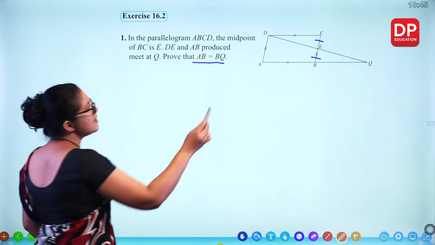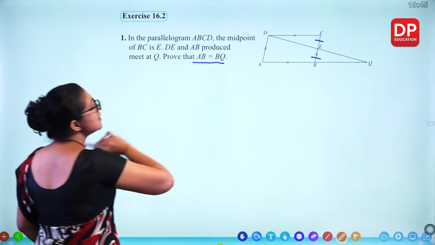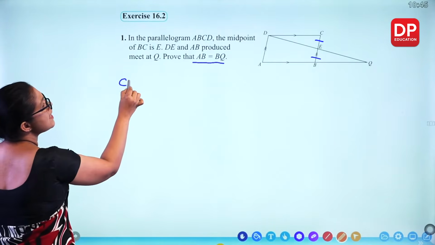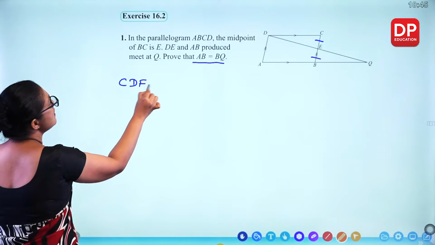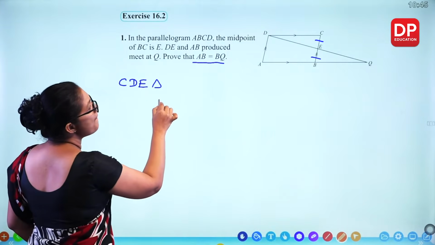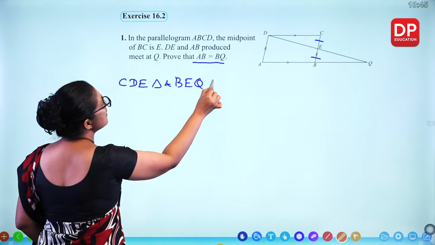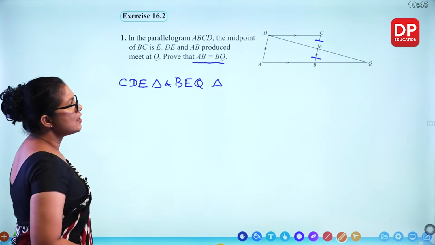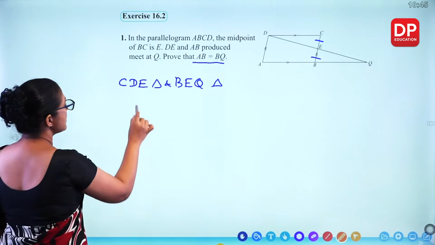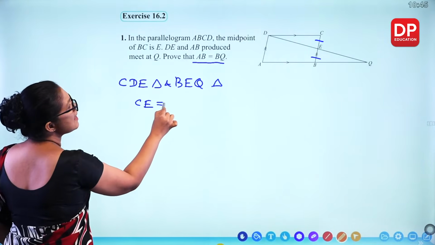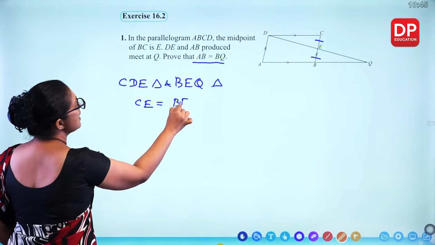We'll take these two triangles first. We'll try CDE triangle and BEQ triangle. When you take these two triangles, we know that CE is equal to BE.